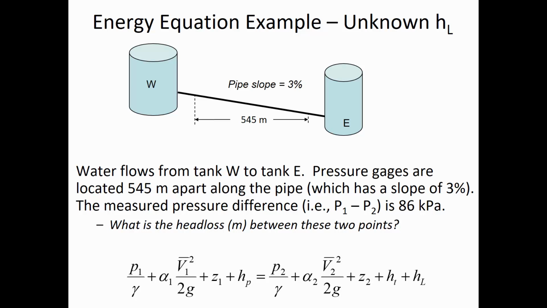Okay, so what we're going to do with this slope that's given is that's going to define the z values of 1 and 2. So let's have it be so that z2 is 0, and we want to find out what's the elevation of location 1. So how do you do that?